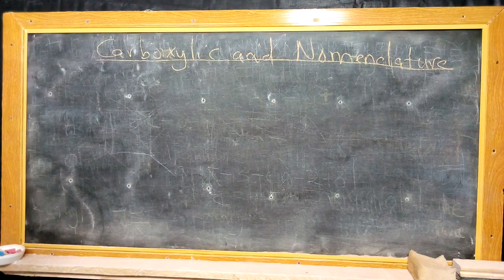One of those products that can be produced is carboxylic acid, and of course this is achieved by the oxidation of aldehydes and primary alcohols.